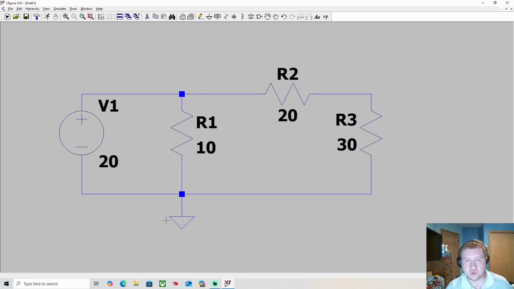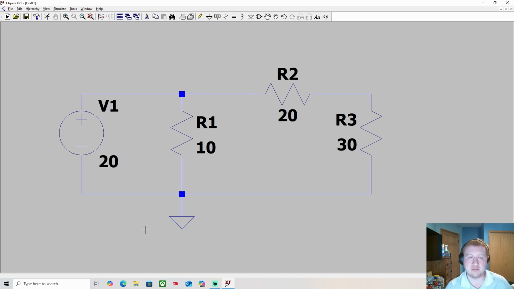A reference point to what? "Well, you know, a reference point." Yes, okay, a reference to what? "You know, a reference point for the circuit."